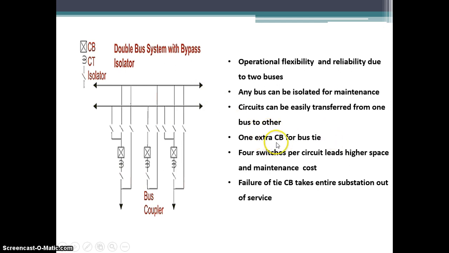Here is a circuit breaker. An extra circuit breaker is used for the bus tie, which you can see as a bus coupler here. Failure of tie CB takes entire substation out of service. Okay, so in case this circuit breaker is not operating successfully, then the entire substation will shut down.